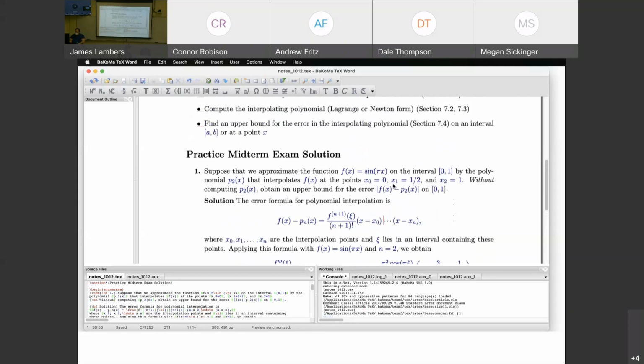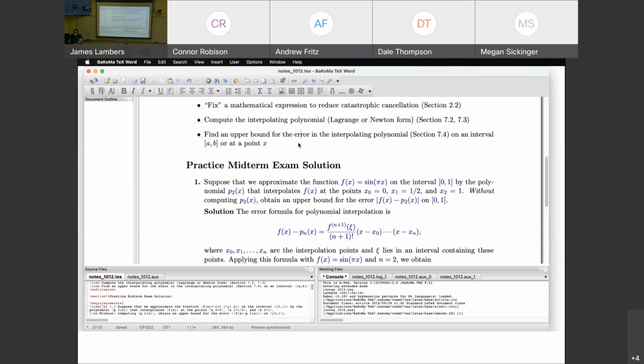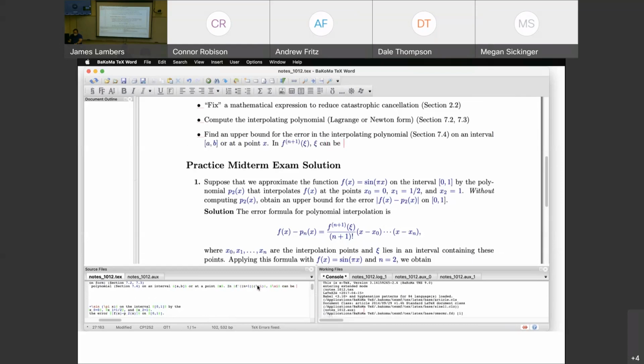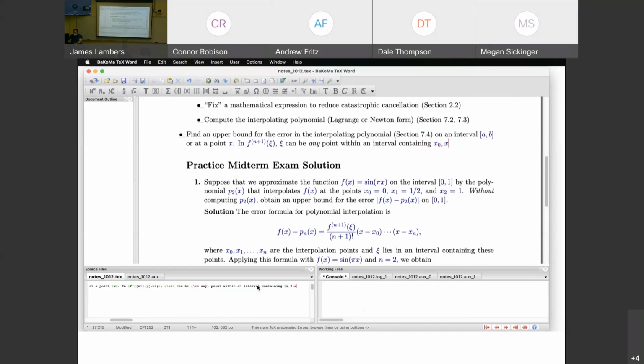So no matter what, in the portion of the error formula with the n plus first derivative of f at c, it can be any point within an interval containing all the interpolation points.